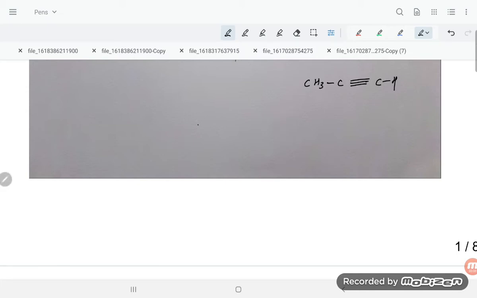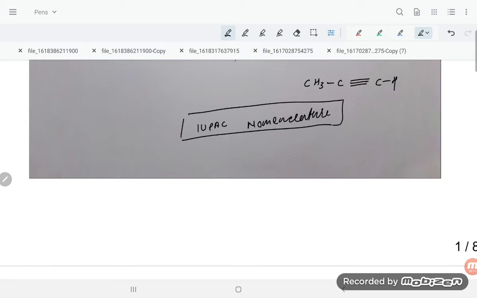Next point which we are going to understand is IUPAC nomenclature. So dear students, how can you understand the IUPAC nomenclature? Let's start from the very basics. Suppose I have a hydrocarbon here with carbons 1, 2, 3, 4, 5 and 6, and here I am putting a triple bond.